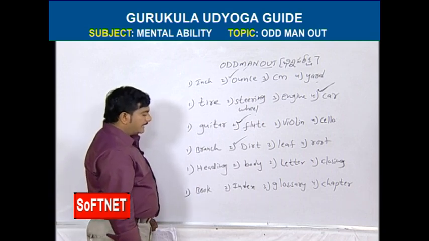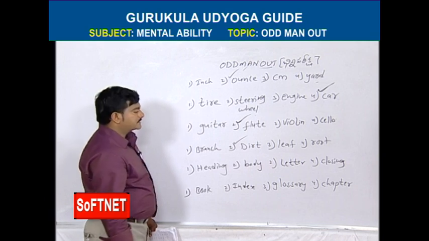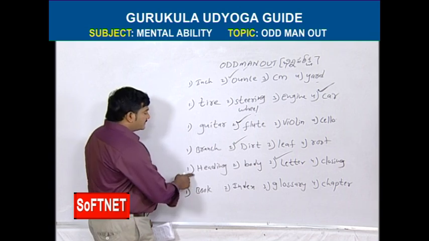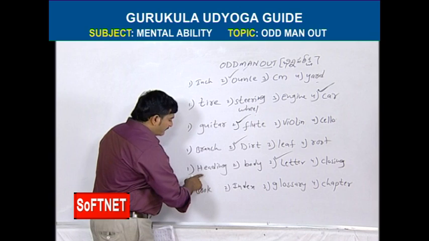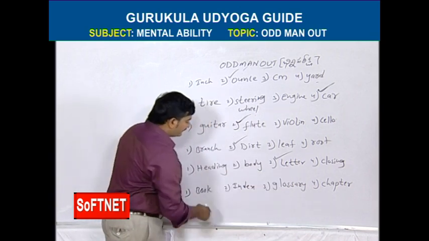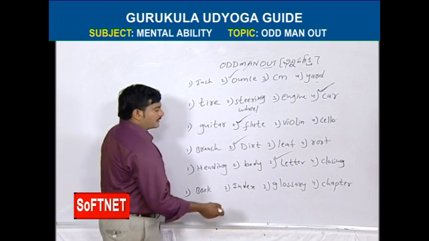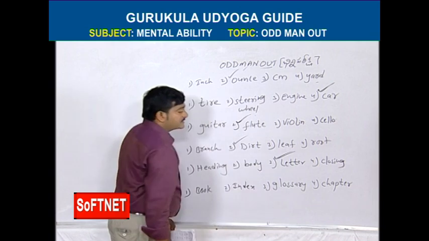Here observe: heading, body, letter and closing. The answer is the third option, letter. See, this question and the car question: those three are parts of a car, whereas these three are parts of a letter. Heading, body and closing are parts of a letter, but letter is different. That's why it is different.